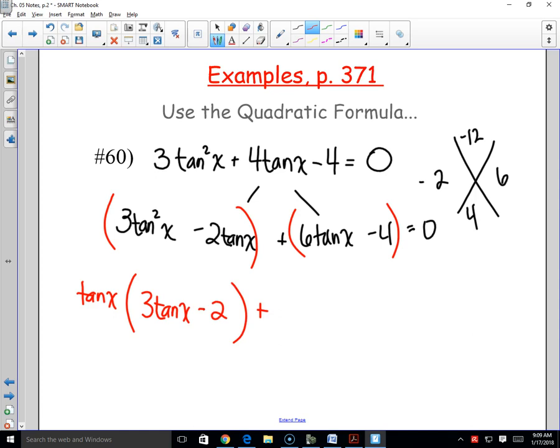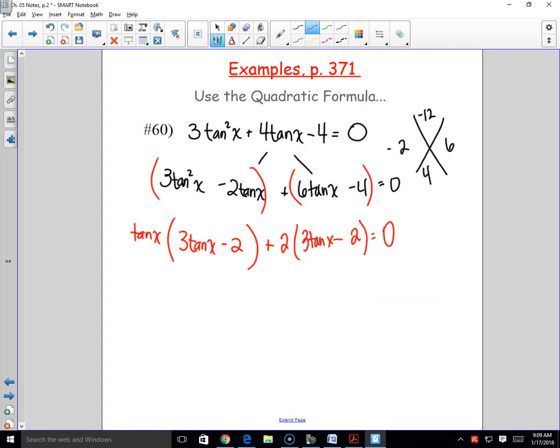Negative 2 times tan is negative 2 tan of x. Okay, good. What's in common over here? 2. Can I get a, you guys good with 3 tan x minus 2? Does factoring work on this one? Totally. Because you would end up with tan of x plus 2 times 3 tan x minus 2 equals 0.